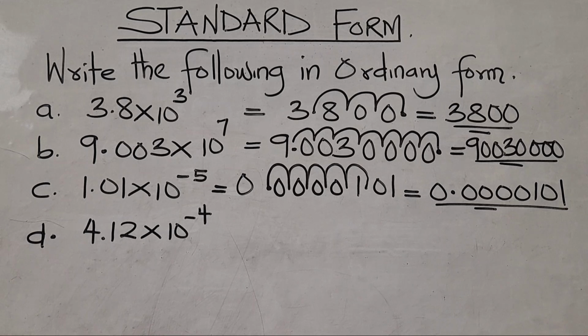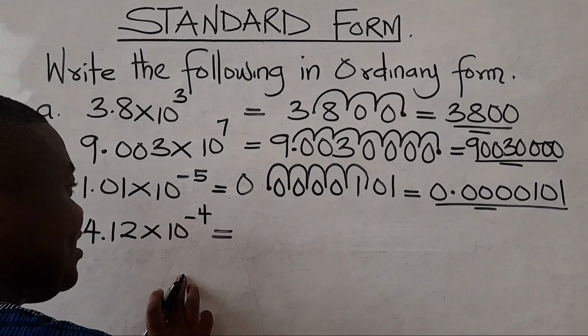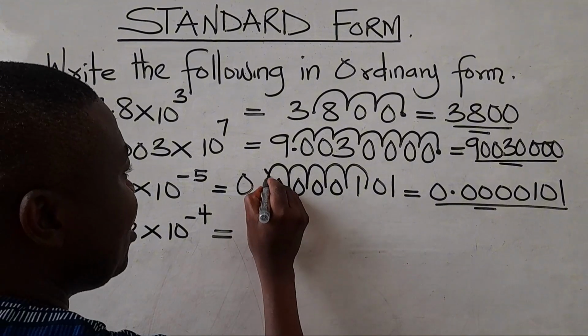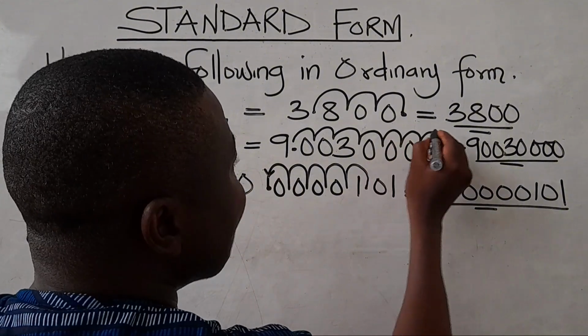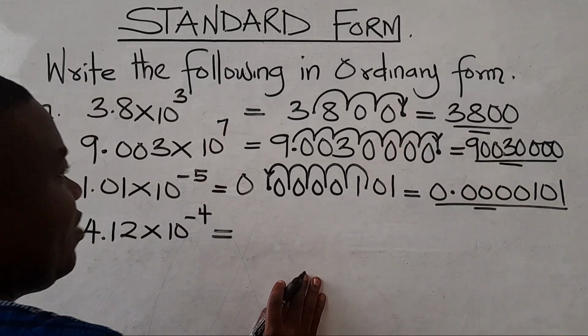Now the last one gives us this. Remember, like we said, -4, to the left. You're going to the left hand side. So let's see.